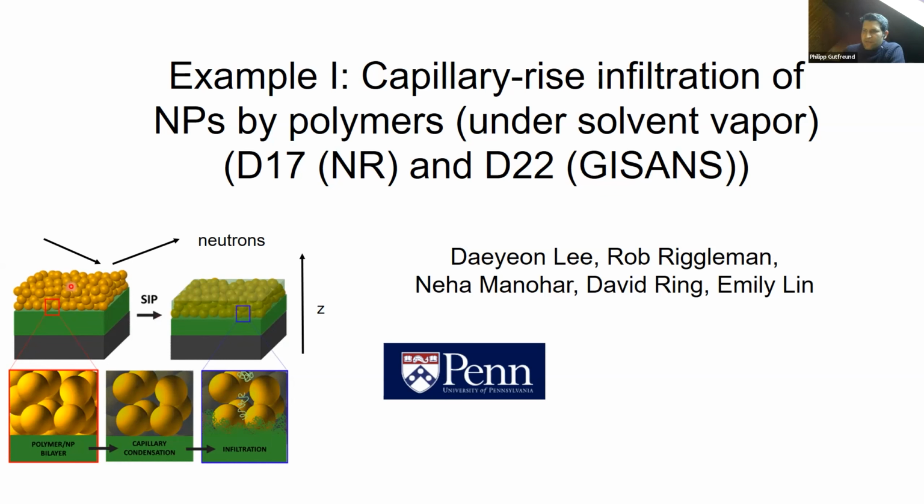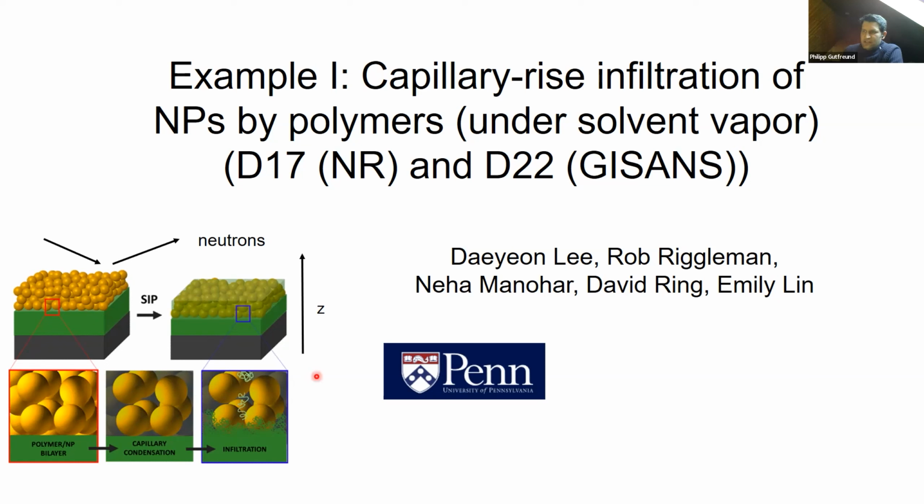So it's a layer of nanoparticles on top of a polymer layer, and then when you anneal, either thermally or by exposing this to solvent vapor, this is the data I will show now, or also to liquid solvent on top, this polymer starts infiltrating the nanoparticle layer.